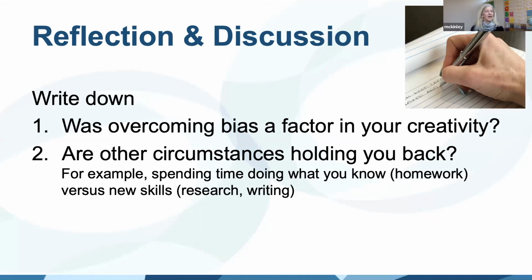And are there other circumstances, when you think about when you're least creative, holding you back? I'll give you a minute to write that down. And then I'd like people who feel comfortable to please share out in the text. I can't see the text while presenting. So Ashish, can you read them out in 1 minute from now?